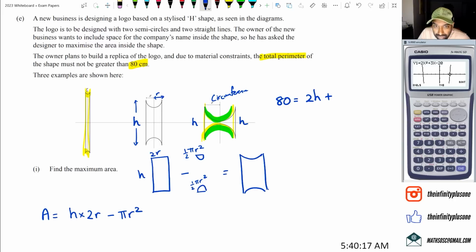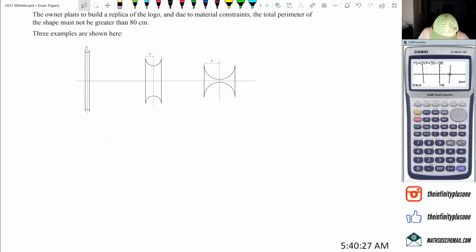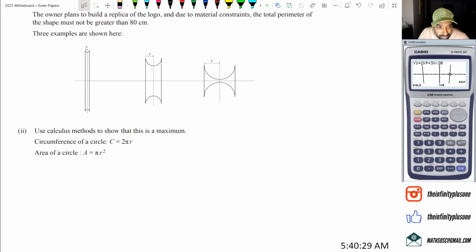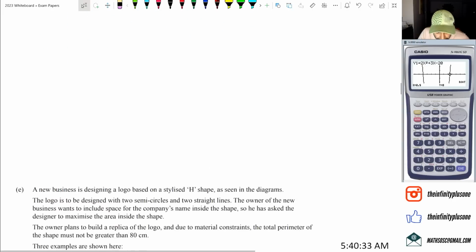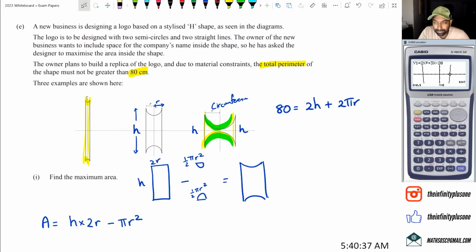The formula for circumference is 2 pi r. I think they do give those. Did they give those formulas? I thought they did. Yeah, they do. They give it at the bottom of the next question, which is a bit annoying. No, it's not. Sorry. The way the question is set up is that part 2 comes straight after this, so you could have a look at the two formulas.